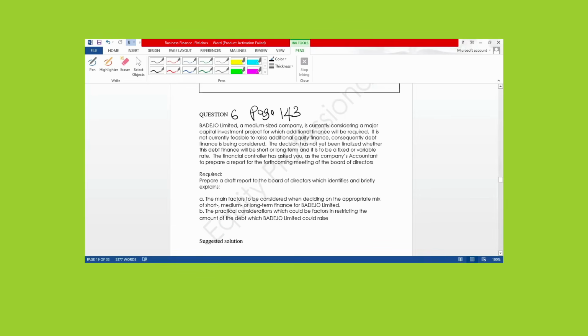Look at that scenario. The company requires additional finance for a major capital project. Currently, we cannot get additional equity, so we have to use debt finance.